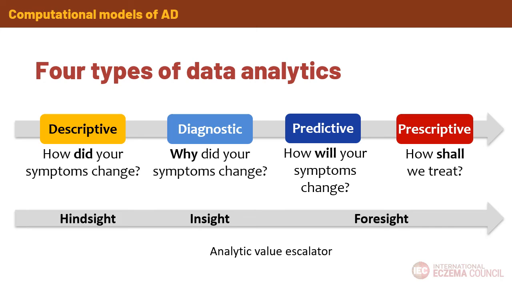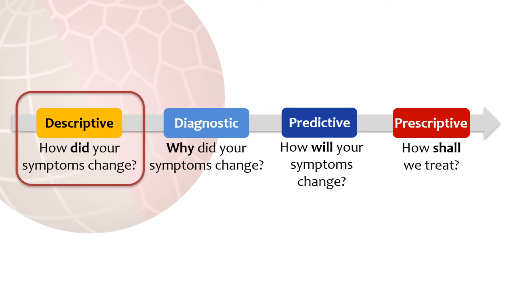From the next slide, I would like to show examples of computational models of AD that are relevant to each of these 4 types of analytics. Firstly, for descriptive analytics, there have been some works that aim to obtain AD severity scores objectively. It is to address the issue of inter- and intra-observer variability of the currently available severity scores that are used to evaluate the dynamic changes of the AD symptoms over a period of time.